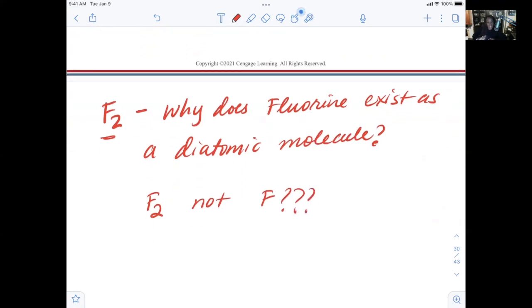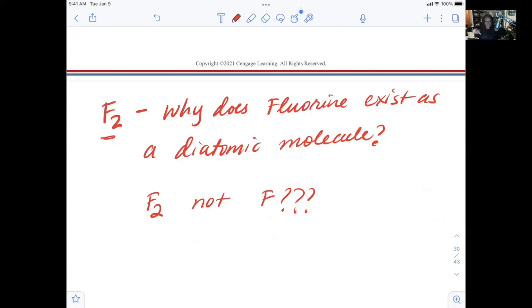Well, scientists notice that certain elements have an affinity. They have this unseen attraction towards each other. So one atom of fluorine has an attraction towards another atom of fluorine that makes them combine together when they're single. And when I say single, I mean they're not in a compound.